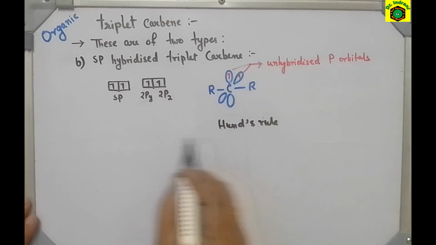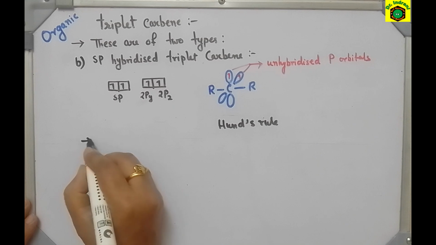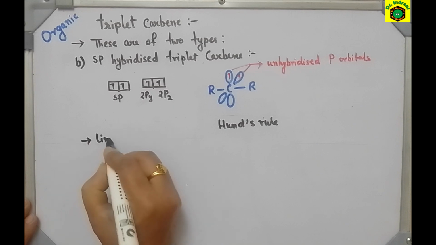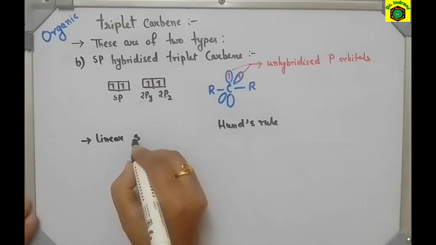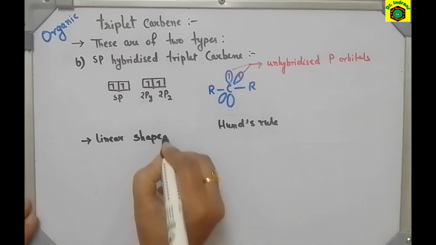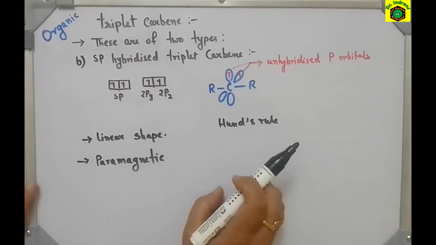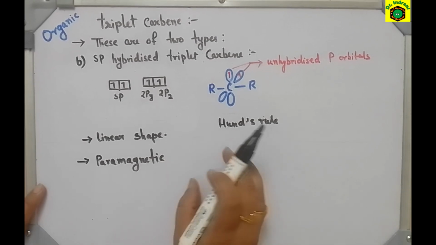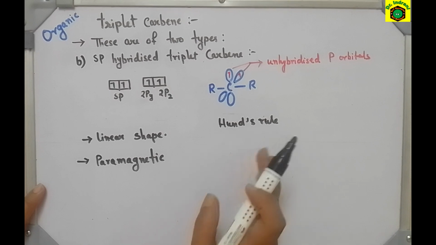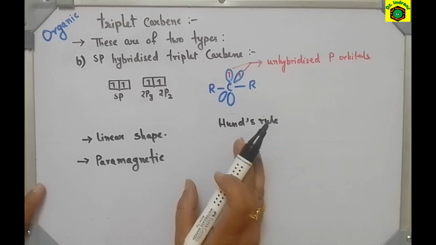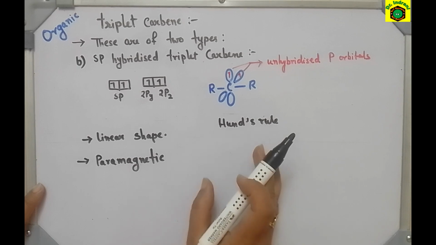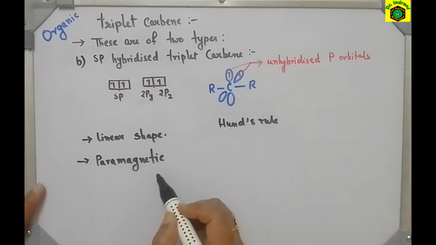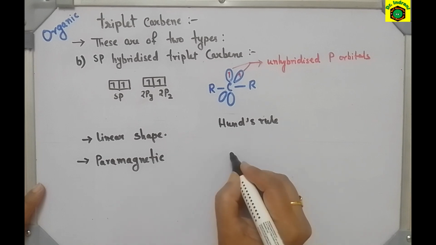This type of carbene has a linear structure, since it is sp hybridized. So we have seen that for triplet carbene, whether sp2 or sp hybridized, the unpaired electrons show properties of diradicals. So these are paramagnetic.